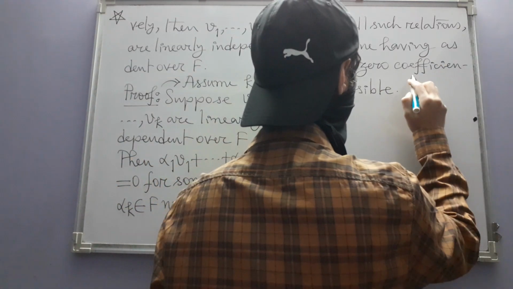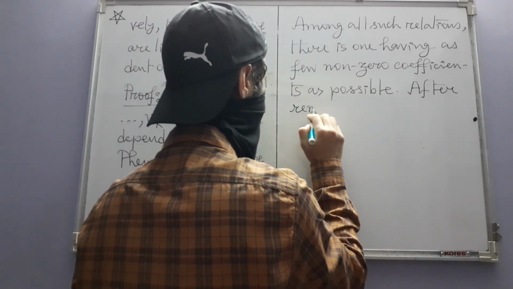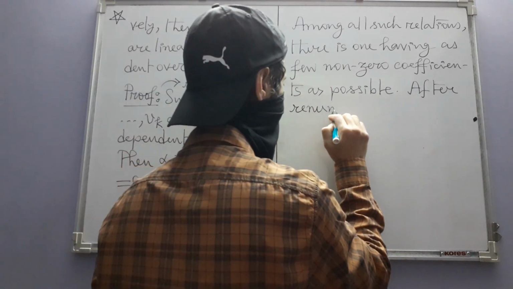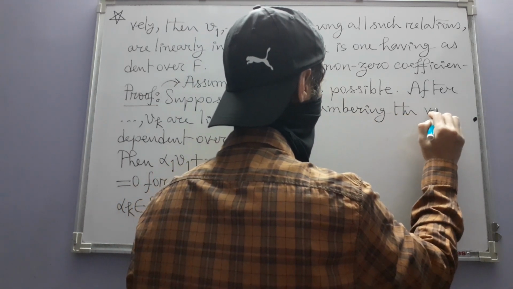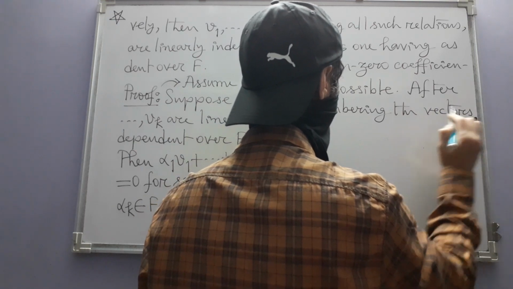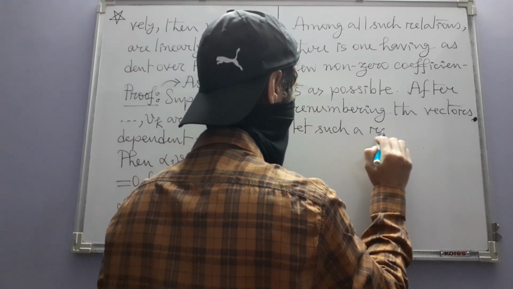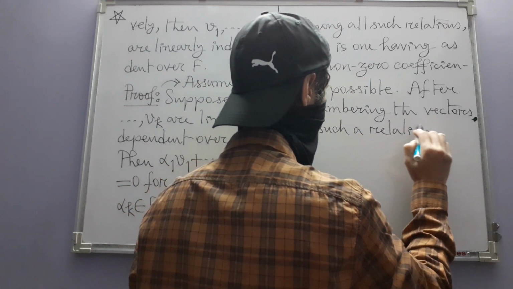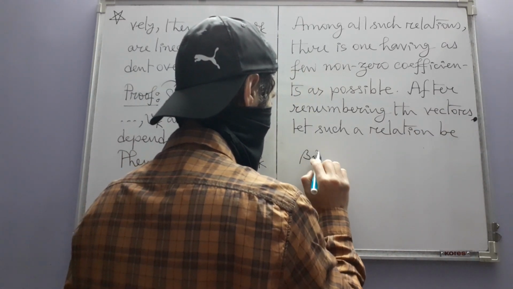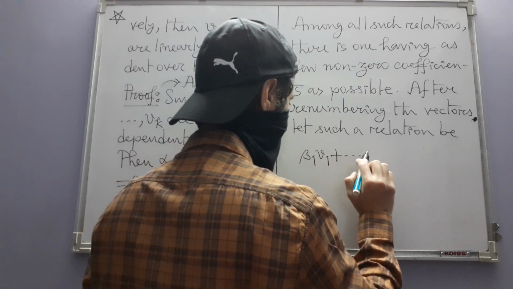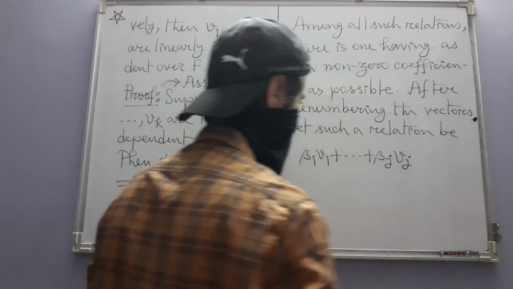And after renumbering the vectors, if you need to do so, let such a relation be this: beta 1 v1 plus beta 2 v2 and so on plus beta j vj.